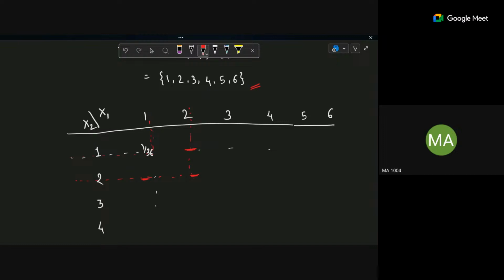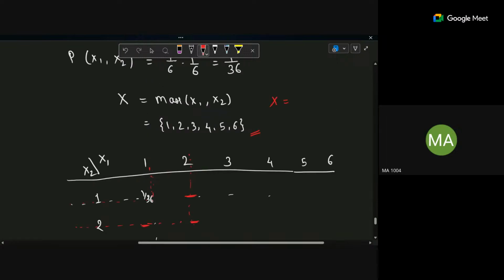At this particular point, your X1 will take value 1 and X2 will again take 1, so the maximum of 1, 1 will be 1. For 2, that means you want X equal to the maximum of X1, X2 to give you value 2.